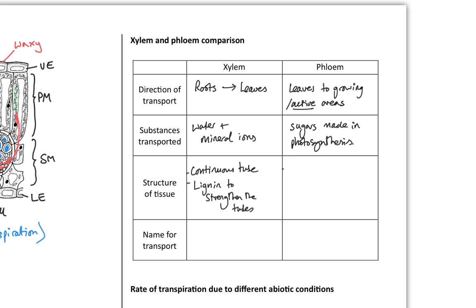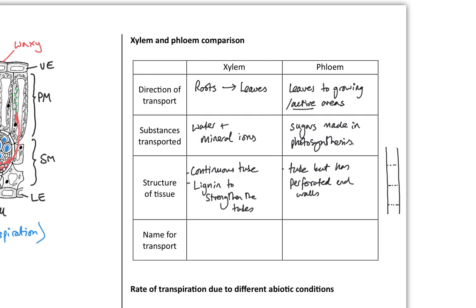Yeah, so it is a tube, but it has what's called perforated end walls. I'm going to draw a little diagram at the side here. So this is phloem. There's the tube, and then it has these little sieve plates, really, but yeah, they're perforated end walls.